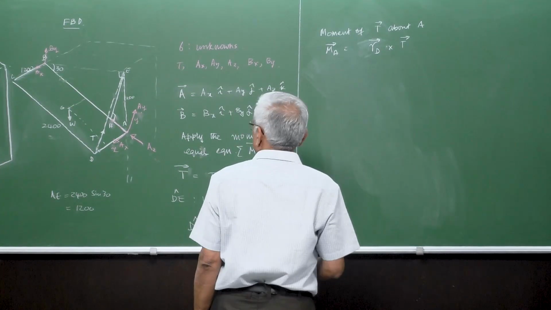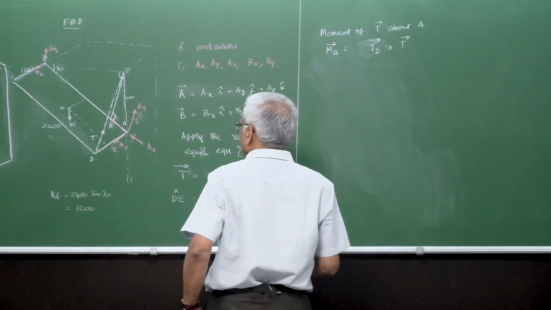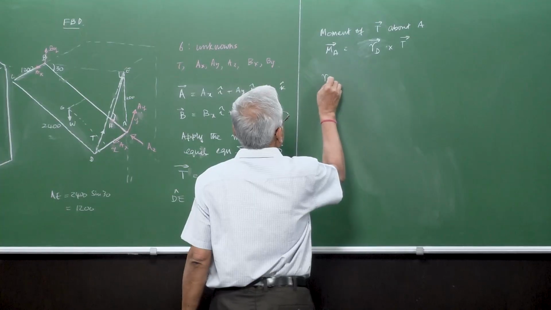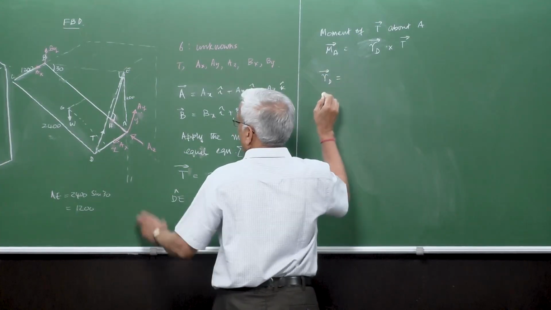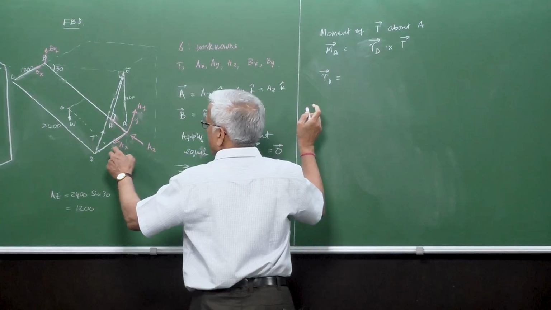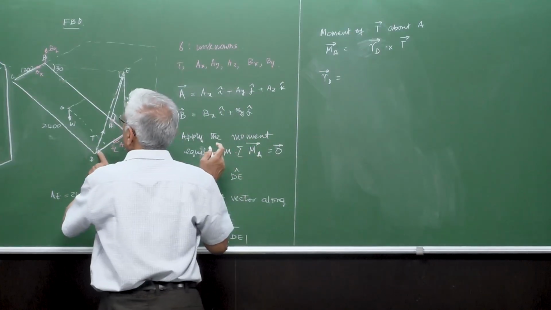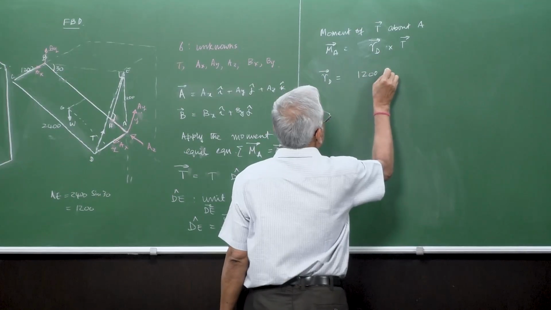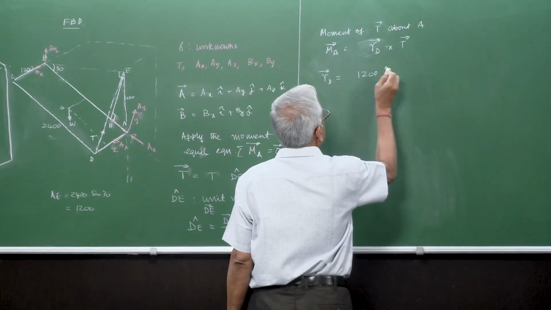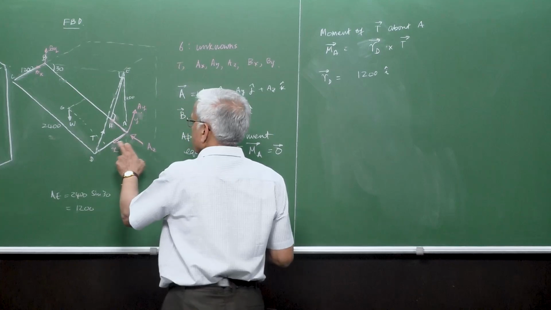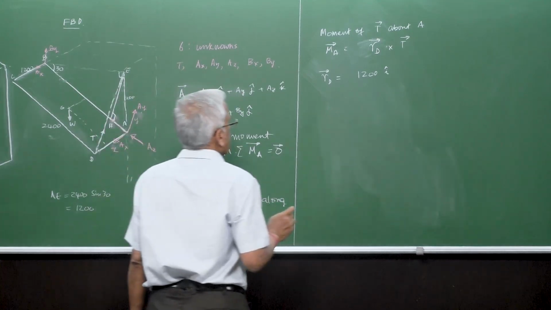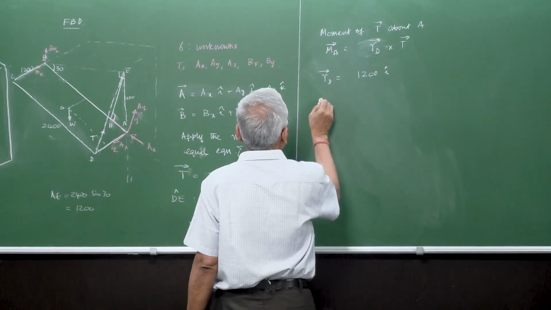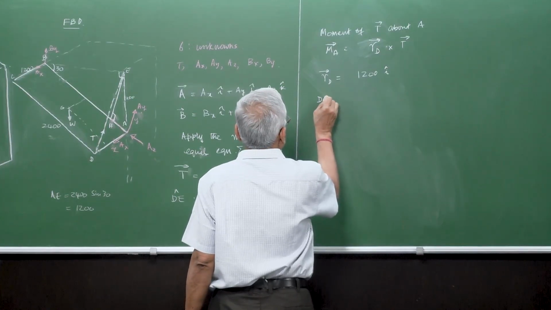RD is easy to find out. This distance is 1200, and it is in the direction of X, so it's 1200 i. And T is the one which we need to find out. For that we require DE.